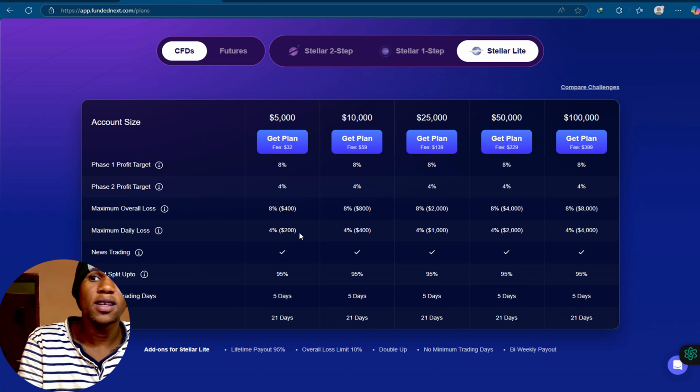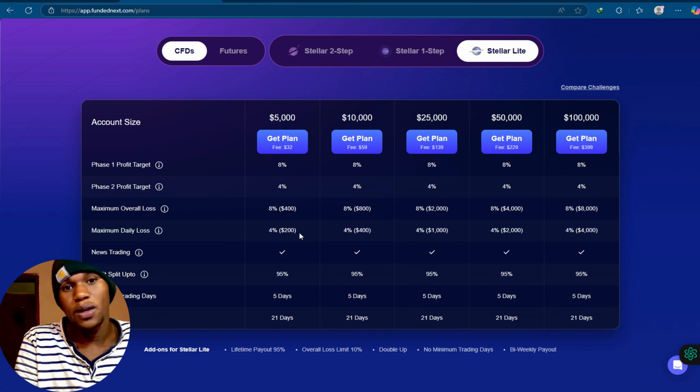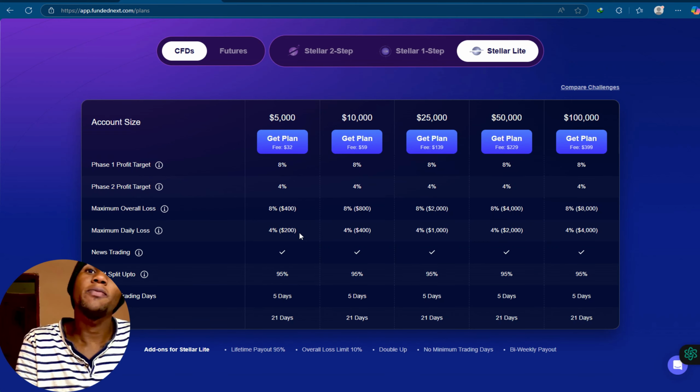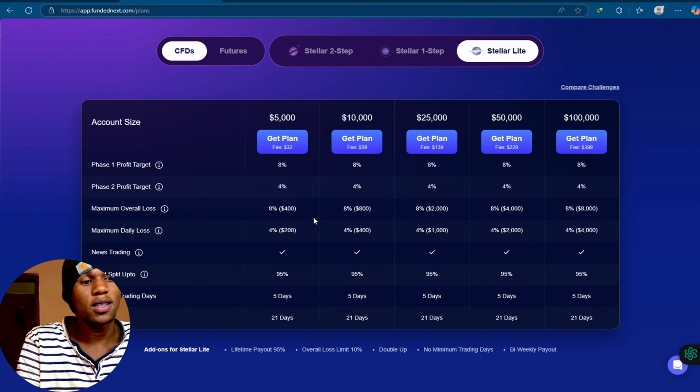But as for us, we want to practice discipline, because that's the first thing that we need to attach to our trading career. If you're not disciplined, then there's no way you can make money out of this. I've done enough research, and I found out that Funded Next is the best platform, I think. First, see this price.